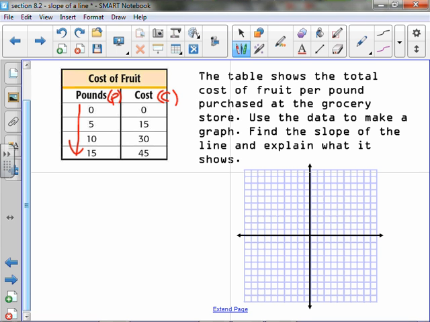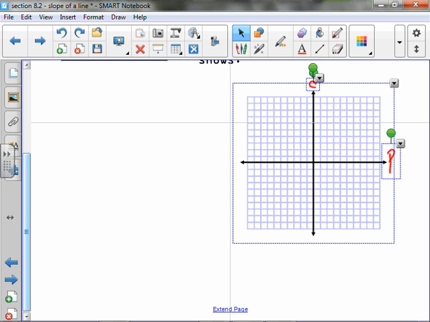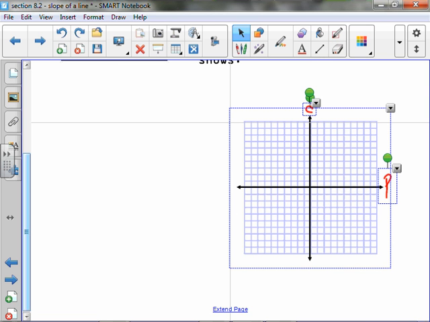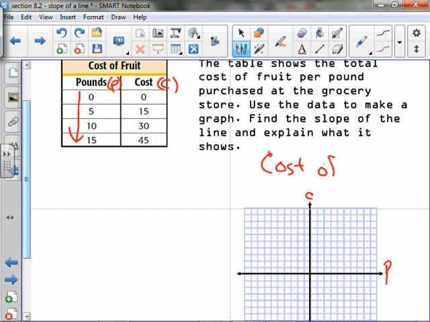So I'm going to label my axes right now, P and C. And I'm also going to label my graph the same thing that my table is labeled. And this is the cost of fruit.